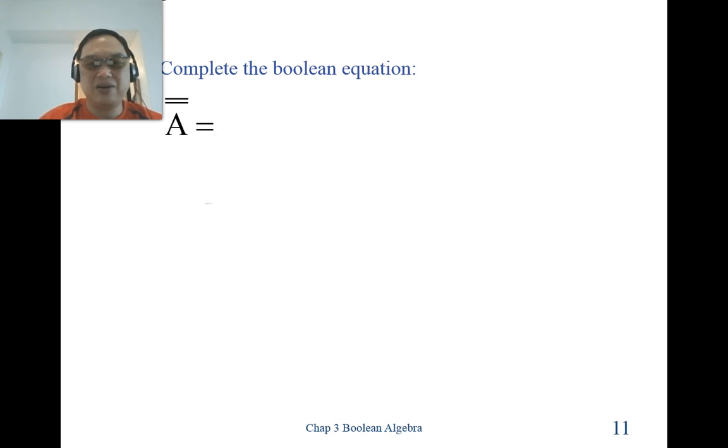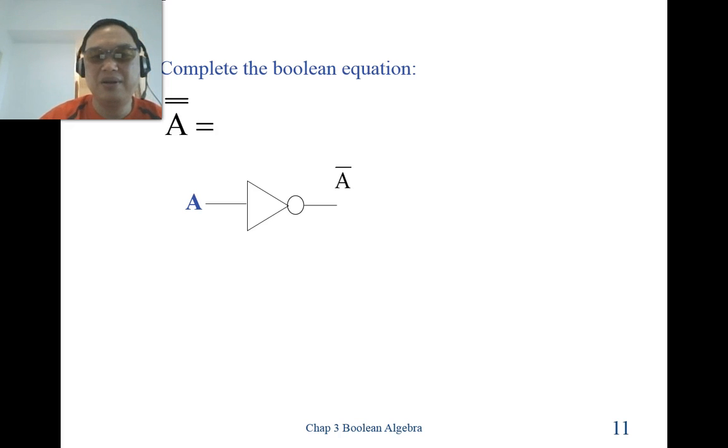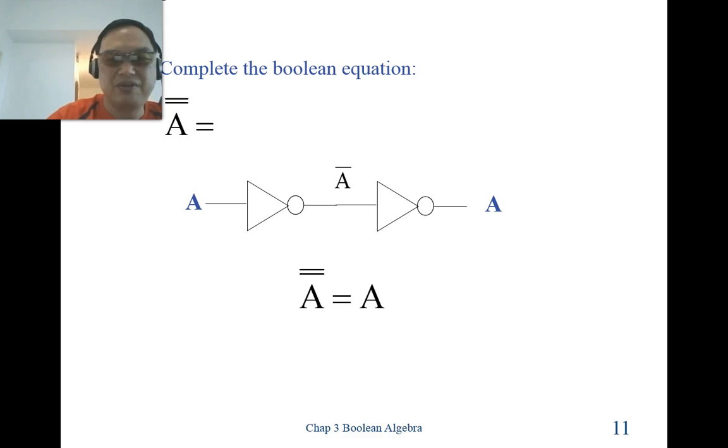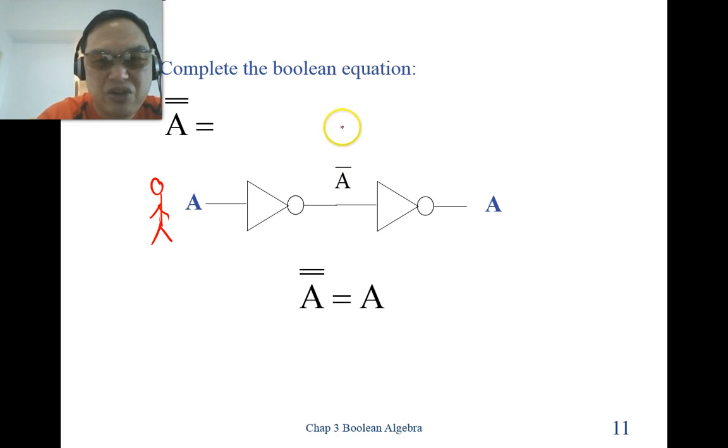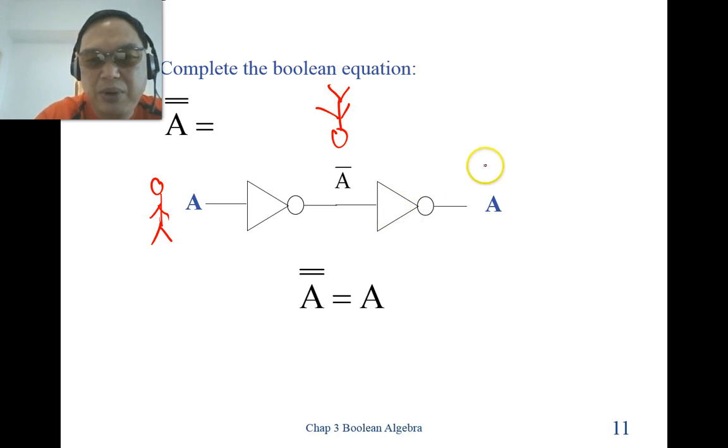What if it has two bars on top? That means check it out. This is A, this has a bar on top, which means opposite. So we invert again, which means we put another bar on top, correct or not?